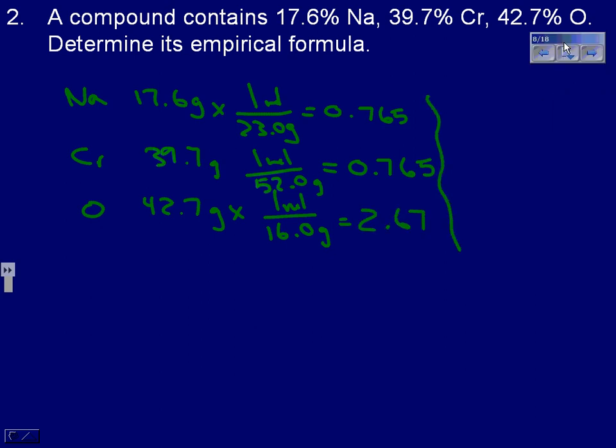Now for the last step, 0.765 divided by 0.765, 1. 0.765 divided by 0.765, 1.